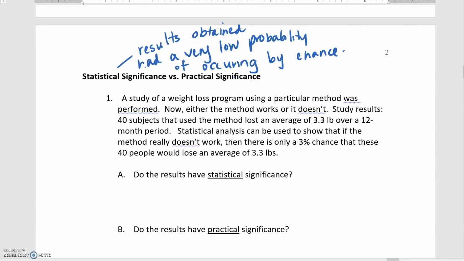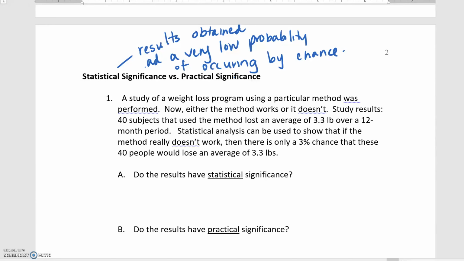So for example, let's say you're flipping a coin, right? We would expect that 50% of the time it would land on heads and 50% of the time it would land on tails. So let's say you flip that coin 30 times. Now, if you got 17 heads and 13 tails, we wouldn't say that that's significant because that would happen by chance.